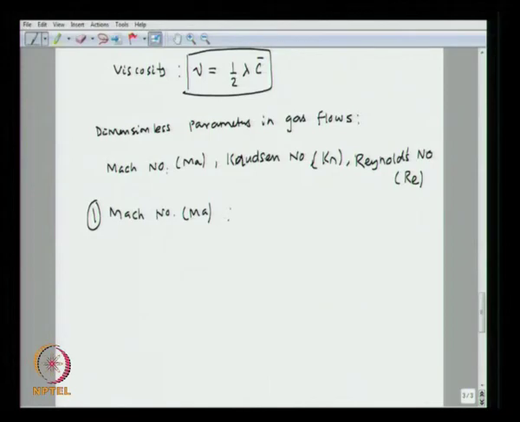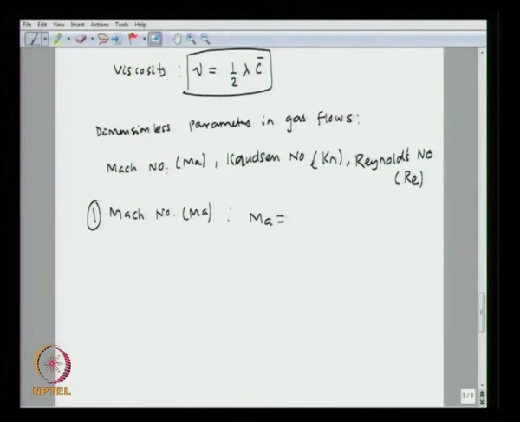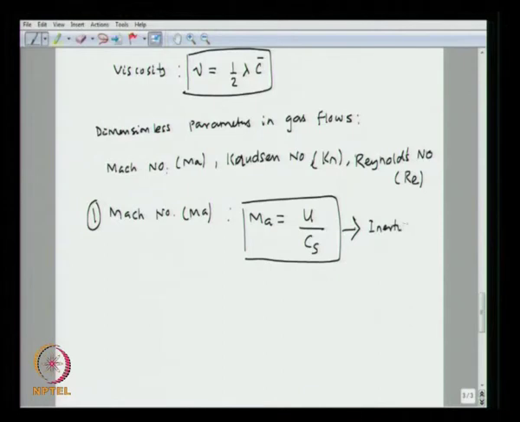Mach number is the ratio of the velocity of a fluid to the velocity of sound in a medium. So Ma is U divided by Cs, and it is also referred to as the ratio between the inertia force and the elastic force. Depending on the Mach number we can categorize the flow.